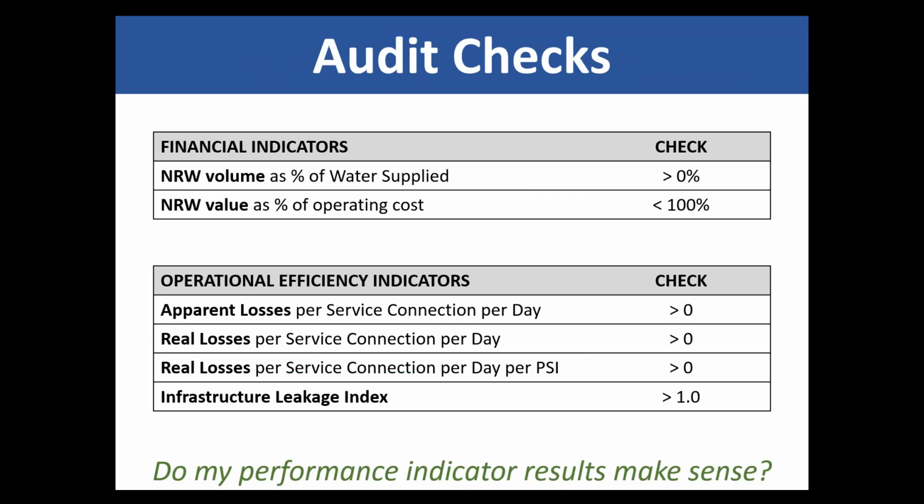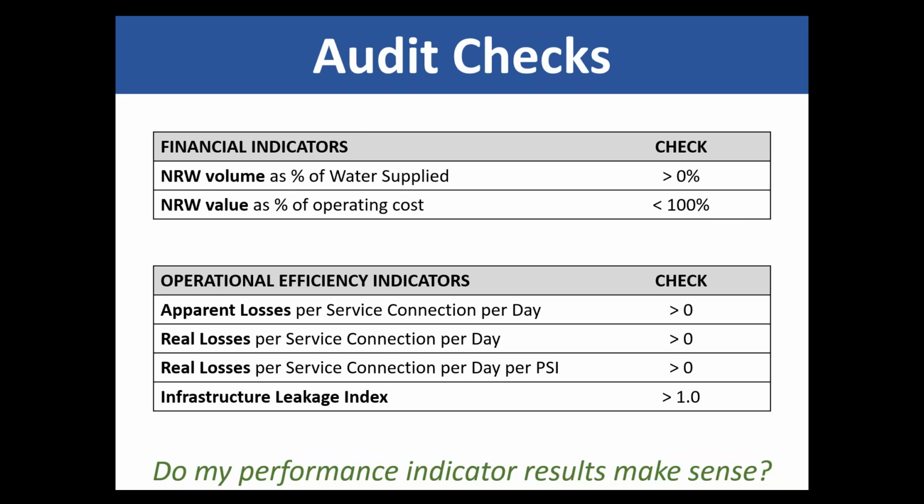So when you're working with your audit, the performance indicators can be used as a gut check on your data. Presumably, you lost some volume of water and had other uses that were unbilled, so your non-revenue water volume should be greater than 0. That makes a lot of sense. Similarly, your real loss leakage volume should be greater than 0. We've seen the occasional case where somebody will report that their leakage losses were negative.